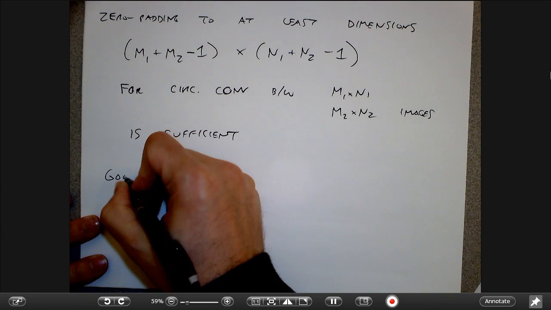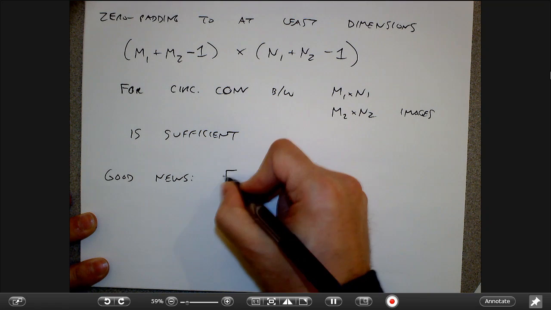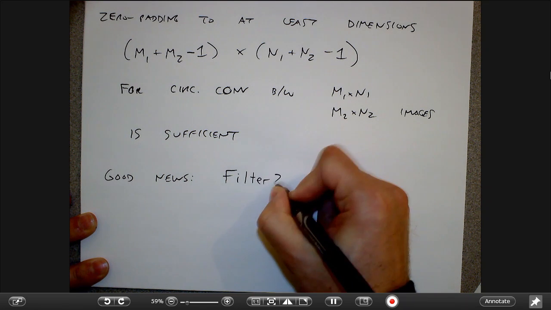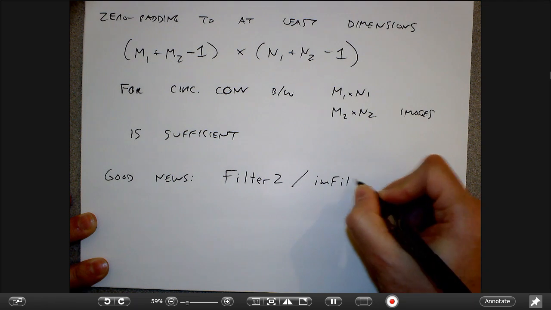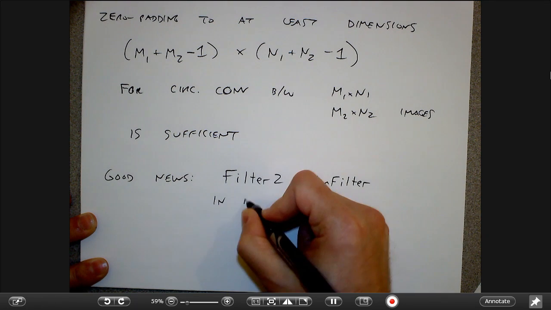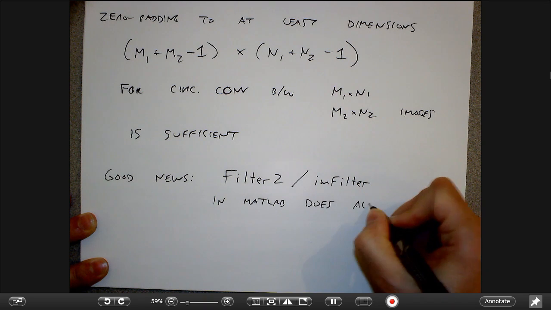So the good news is that Matlab does all this stuff for you. So you really should never have to worry about this yourself. For example, the filter2 command that we talked about last time, and I believe also imfilter in Matlab, does all this for you.